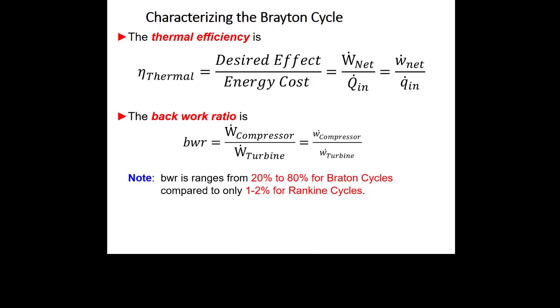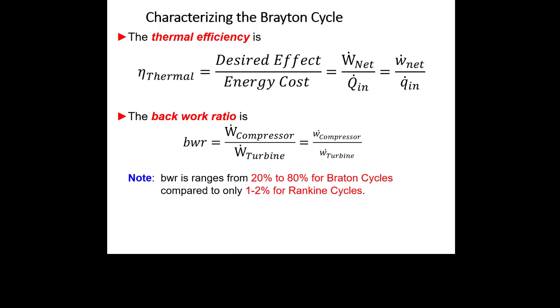So that means you tend to get higher thermal efficiencies. But it's weird because the back work ratios are higher. So mechanically, you end up using more of the power that you develop in the turbine just to run the system, right? So your back work ratios are higher. And the reason for that is that it doesn't take as much power to increase the pressure of a liquid like we did in the Rankine cycle, because there you're dealing with that incompressible fluid, right?